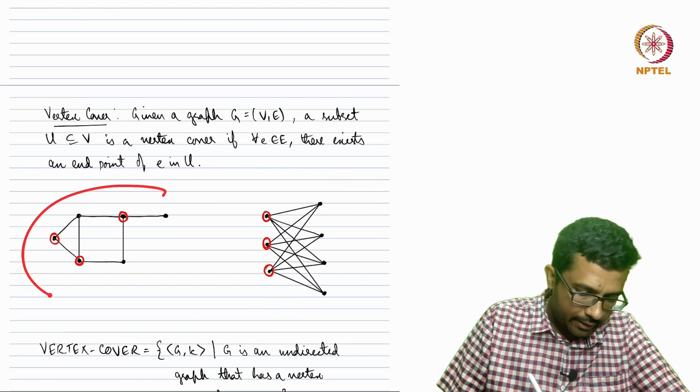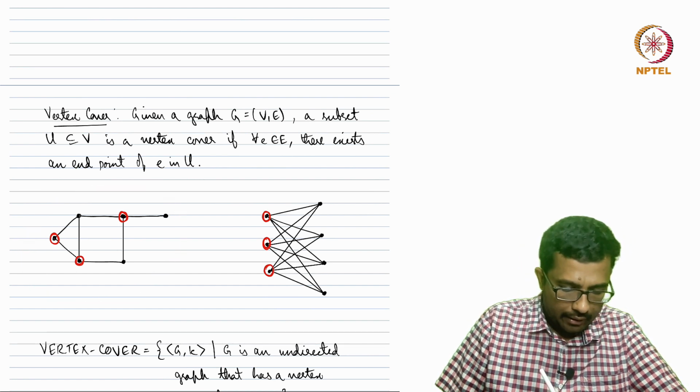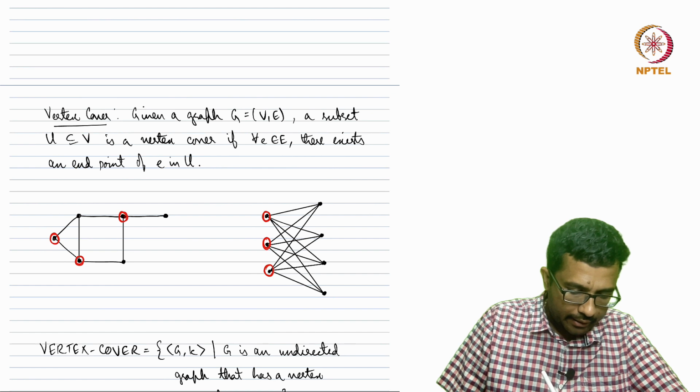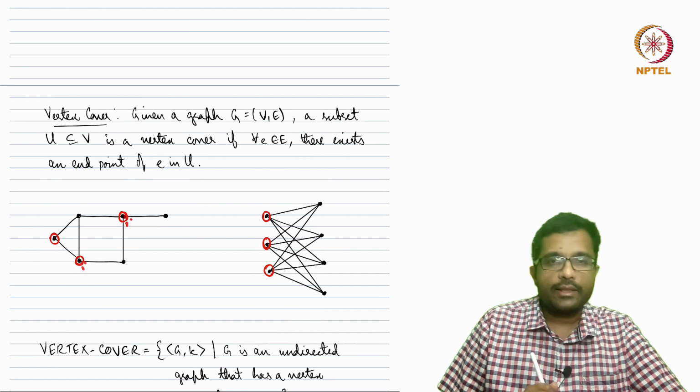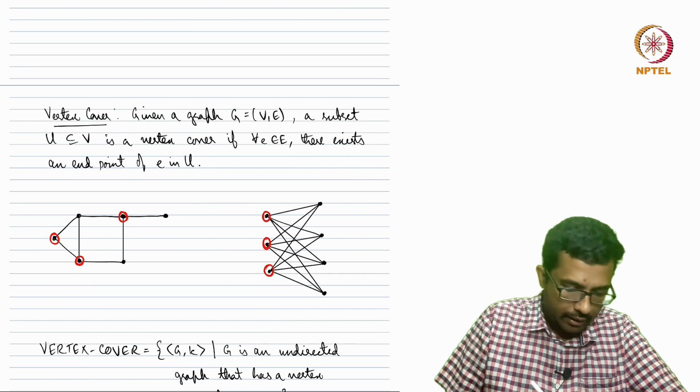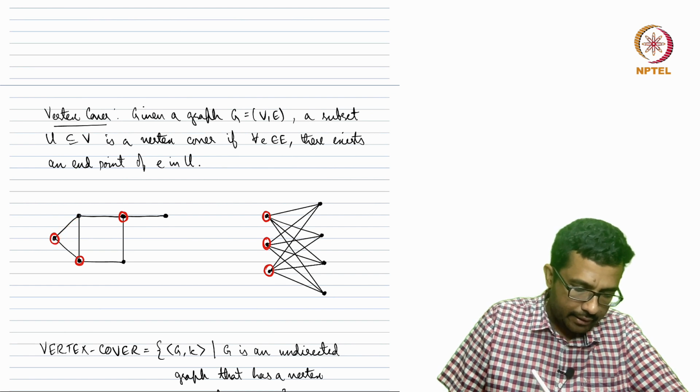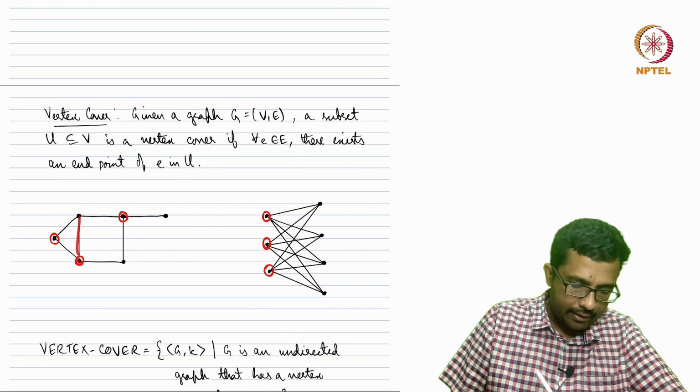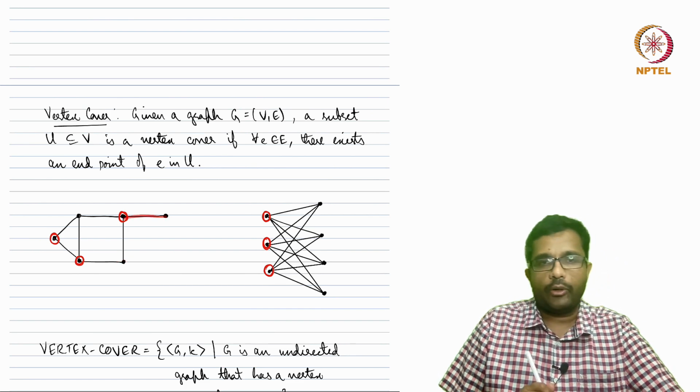If you take this graph here on the left side, the circled vertices form a vertex cover, because for this edge both endpoints are there, and for this edge one endpoint, this edge one endpoint, this edge one endpoint, this edge one endpoint, and this edge also one endpoint.